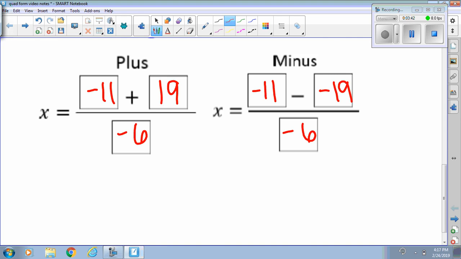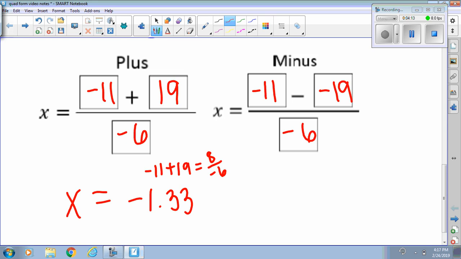Now we're going to calculate those. In your calculator, you need to type in negative 11 plus 19 equals. That'll give you 8, and then divide 8 by negative 6. So your first answer should be negative 1.33.